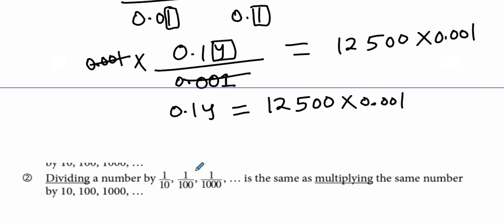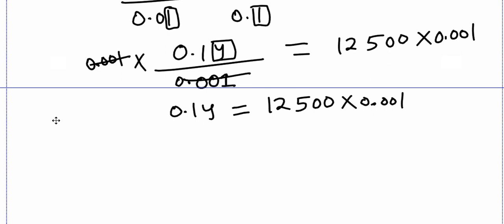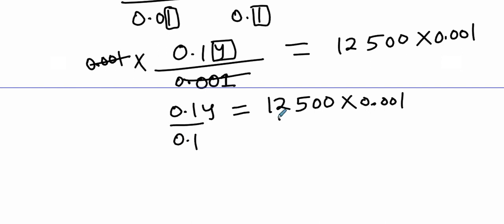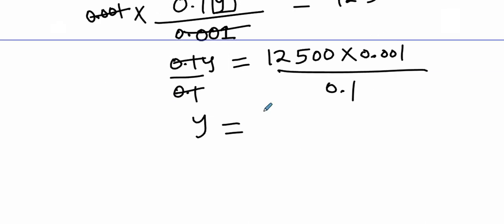Let's continue this. To find the value of y here, you need to divide by 0.1. So this will cancel. Okay, so this will be y equals 12,500 times 0.001.